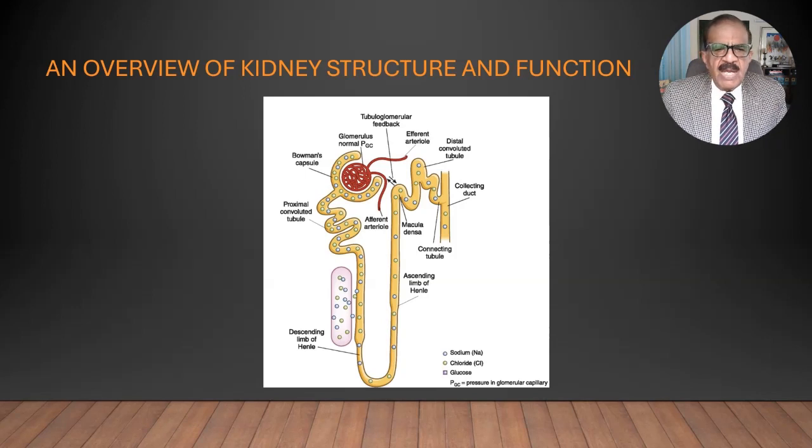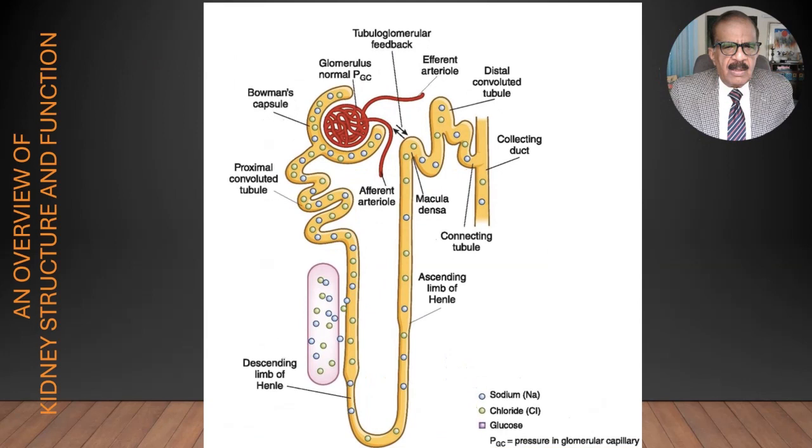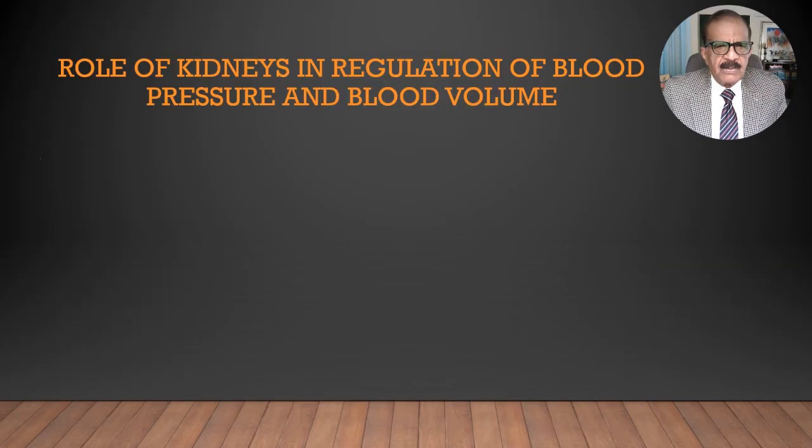So the kidney has an extremely important role in water homeostasis and electrolyte homeostasis, and also many other functions which I'm going to show you in another slide. One very important function of the kidney is regulation of blood volume and blood pressure.